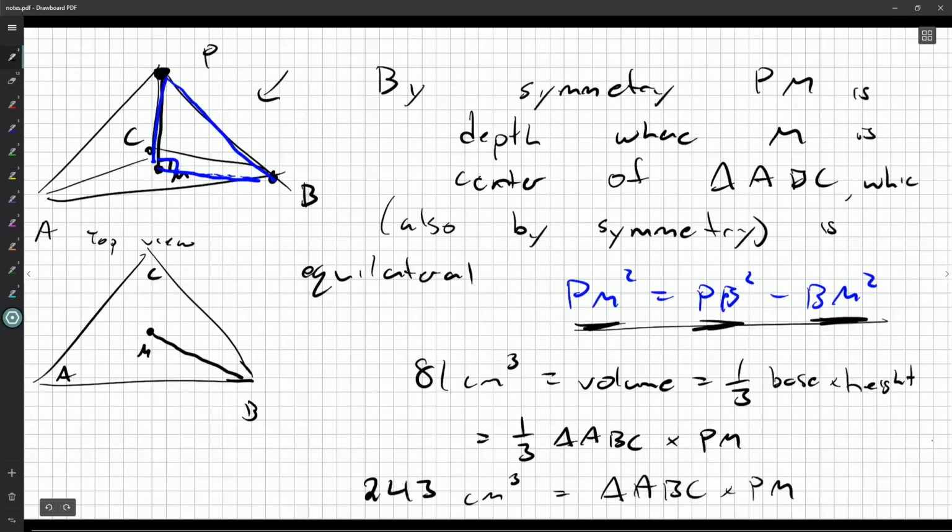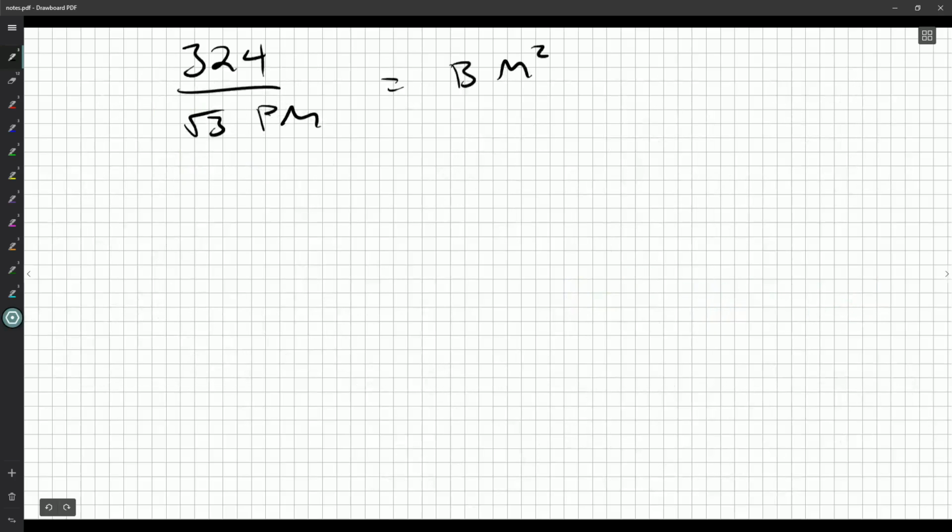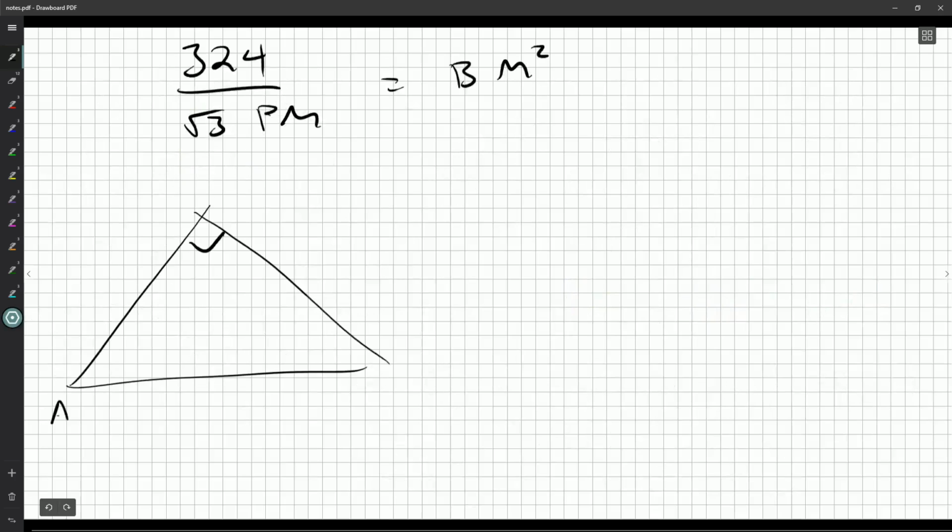What's PB? Well, there's a right angle up here. So if we draw another triangle, PB is going to be AB, which was x, over root 2, because this is an isosceles right triangle.